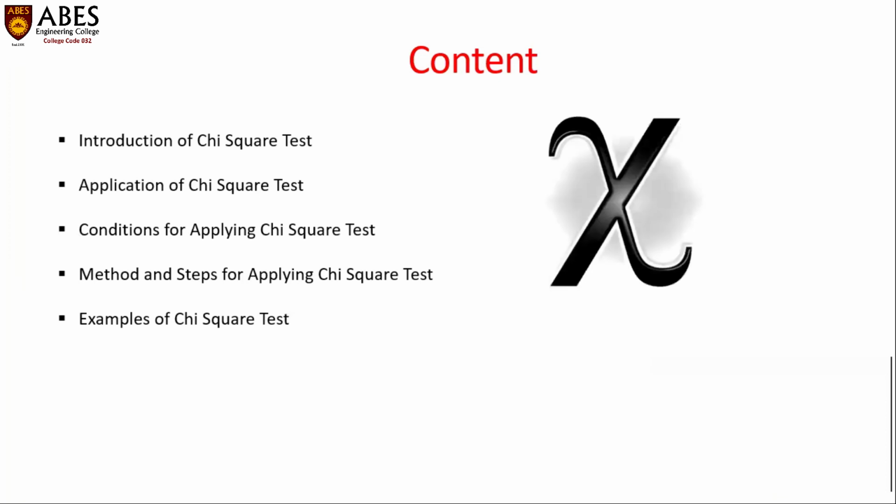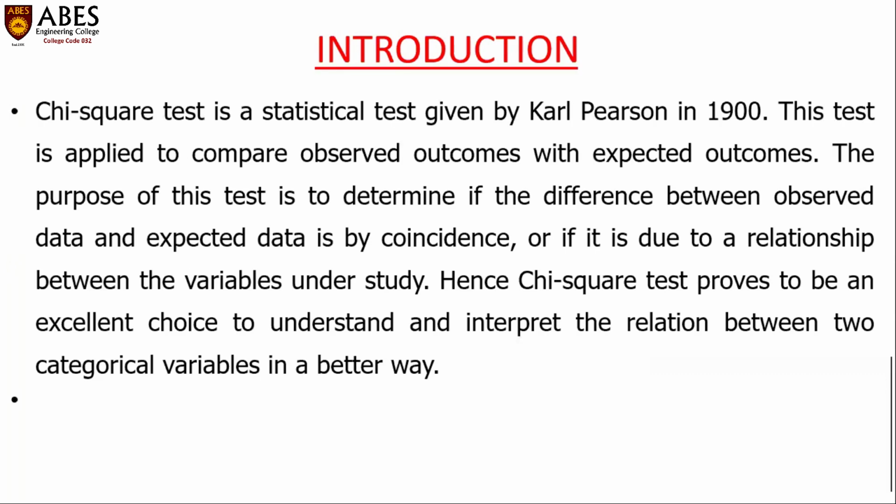So chi is a Greek word, and this is how it is represented. And since we are talking about chi-square test, we will write it with the notation that you can see on screen. So chi-square test is basically a statistical technique. This test was given by Karl Pearson in 1900 for the purpose of comparing the observed outcome of data with the expected outcome.